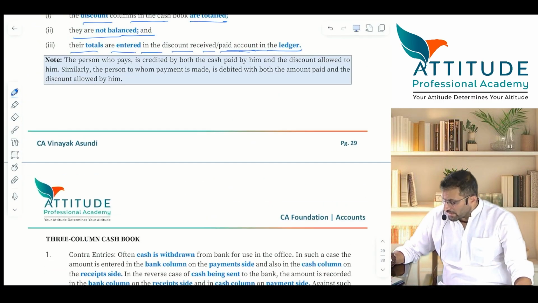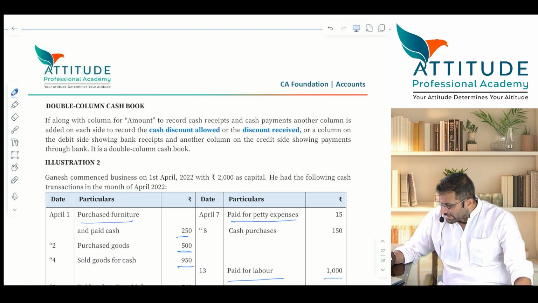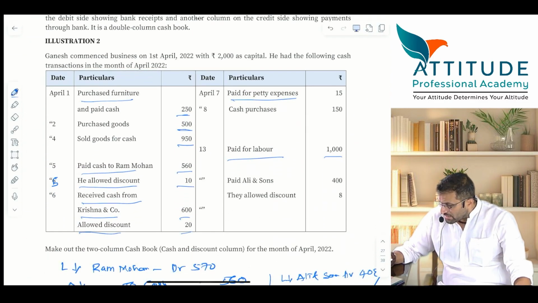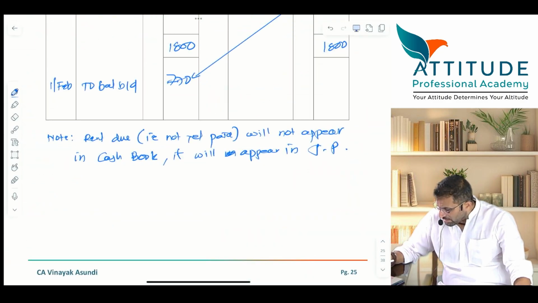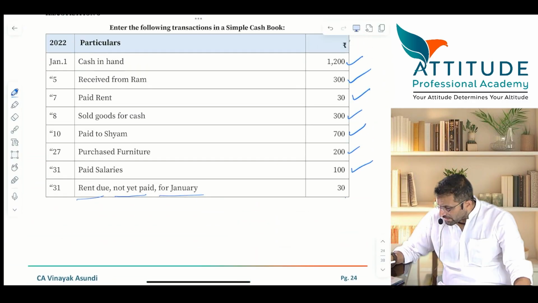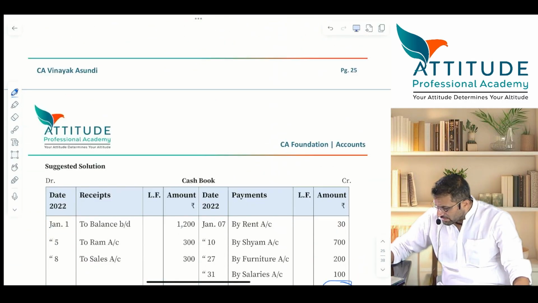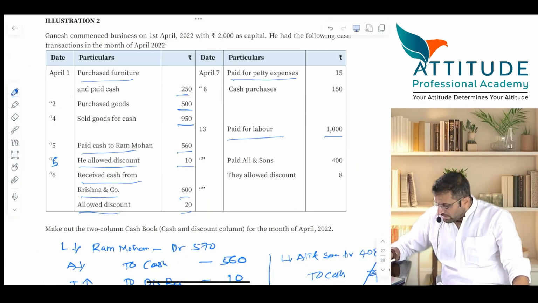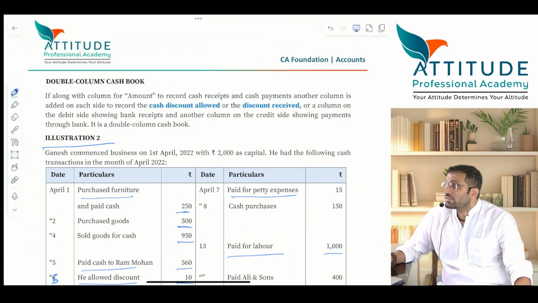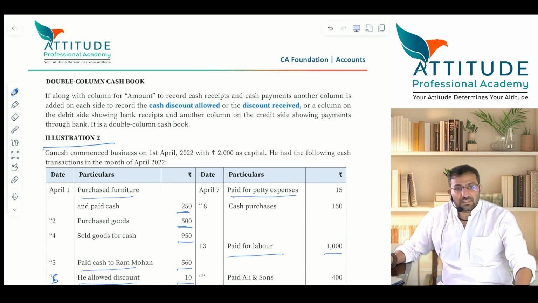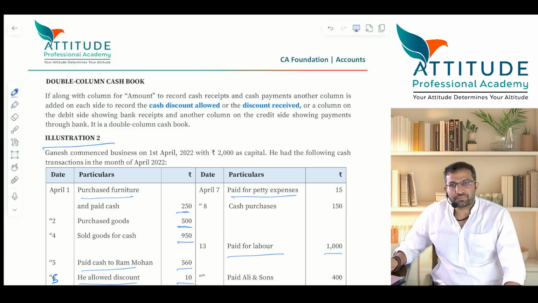Clear? Okay. Now, I want you all to practice these two sums. One is illustration 1. This one, illustration 6, and this is illustration 2 in case of cash book. Can you do it? Yes? Shall we proceed? Okay?